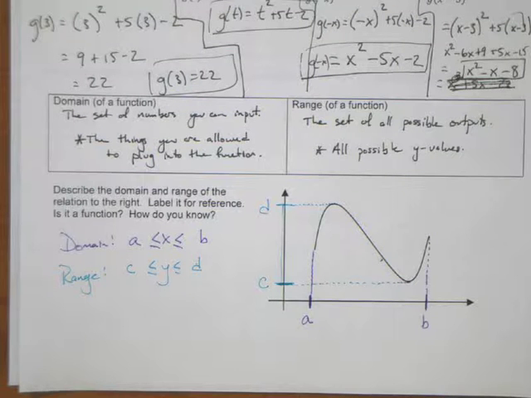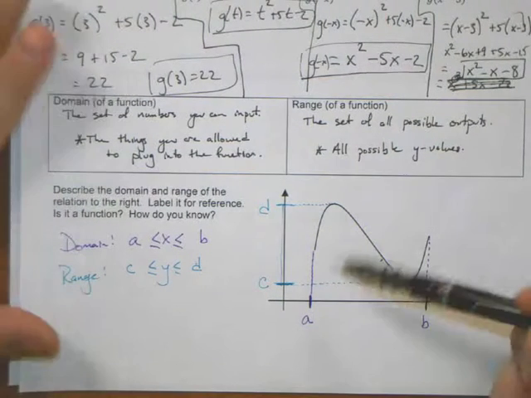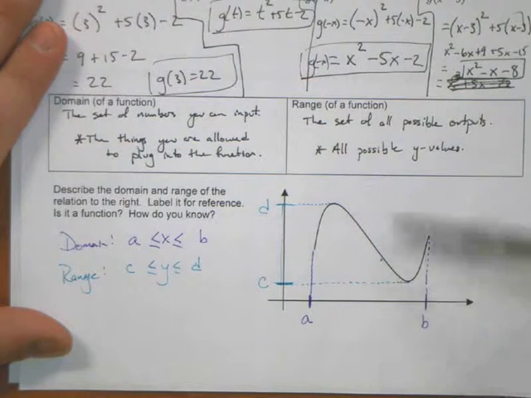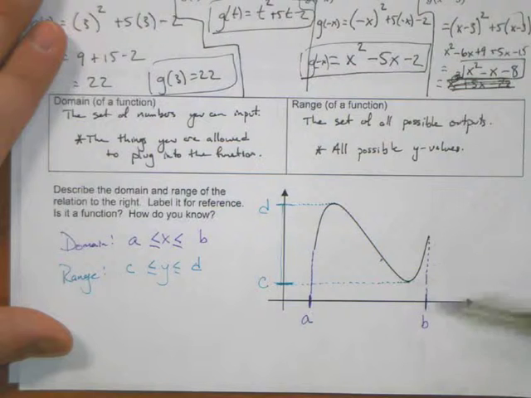Called the vertical line test. If you can draw a vertical line through any point and it only hits the graph once, function. So I would say, it looks to me like no matter how I draw a vertical line, I'm only going to hit this line once. So no matter how I slice this going vertically, I'm only going to hit this graph once.